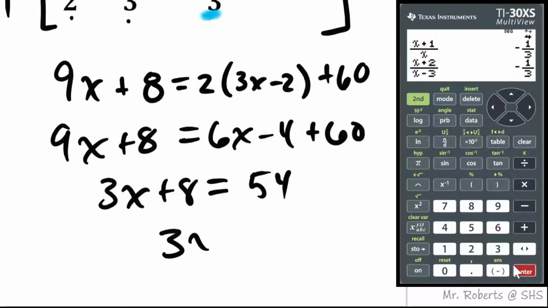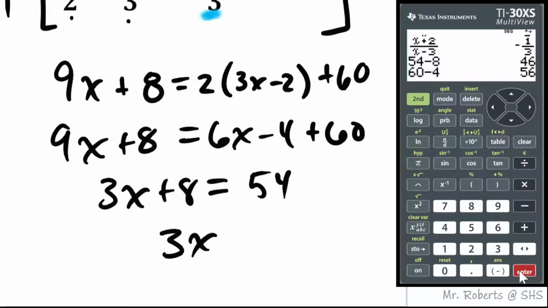Then I'm going to have 3x, and am I that tired that I'm reaching for a calculator? I'm going 54 minus 8. I did it. Oh no, that doesn't work. Did I make a mistake somewhere else? Yeah, I did make a mistake. I've already made a mistake because 60 minus 4 is not 54. 60 minus 4 is 56.